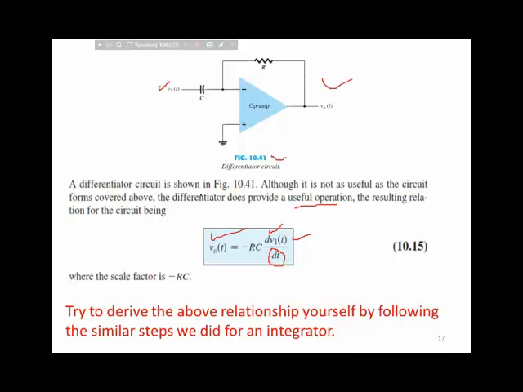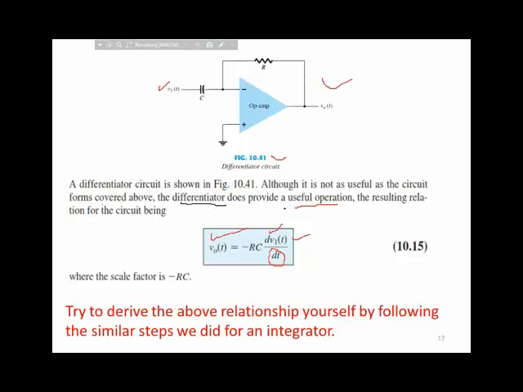The differentiator circuit shown in this figure 10.51, although it is not as useful as the circuit forms covered above, that is, the integrator is widely used and the differentiator circuit is rarely used, but it has many applications in control and other engineering disciplines.